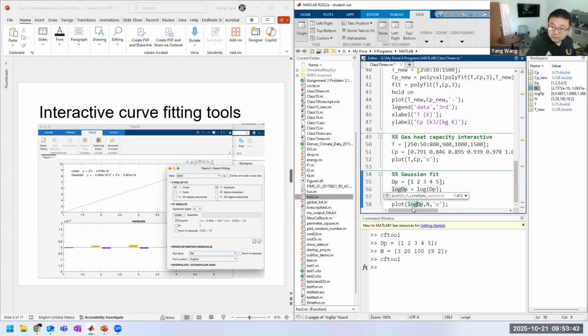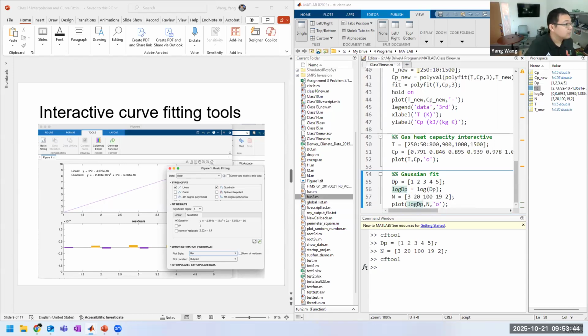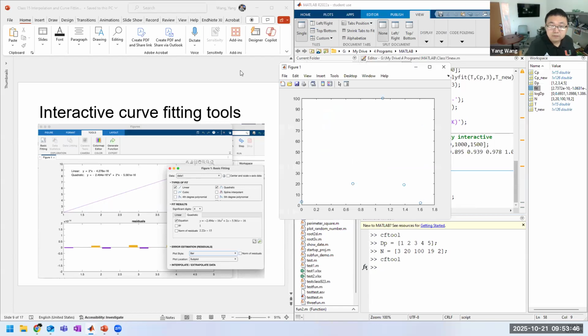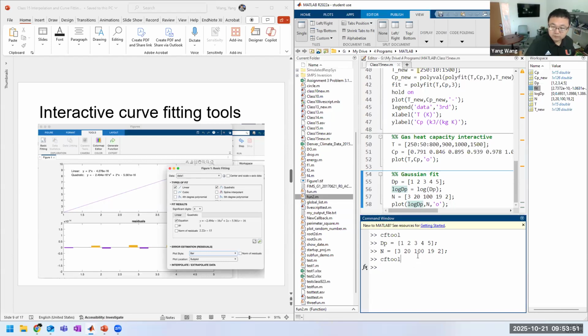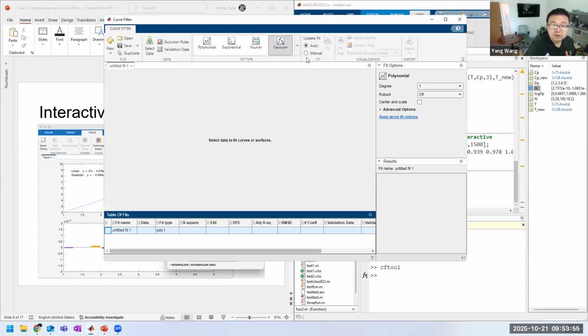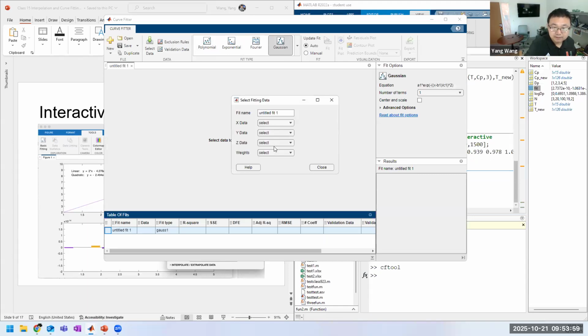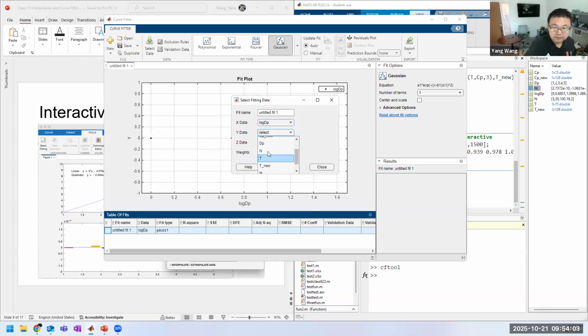Then we do the CF tool, Gaussian distribution, select data. So x will be log dp, y will be n.